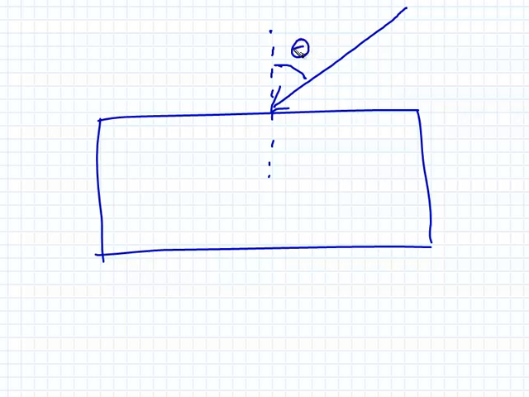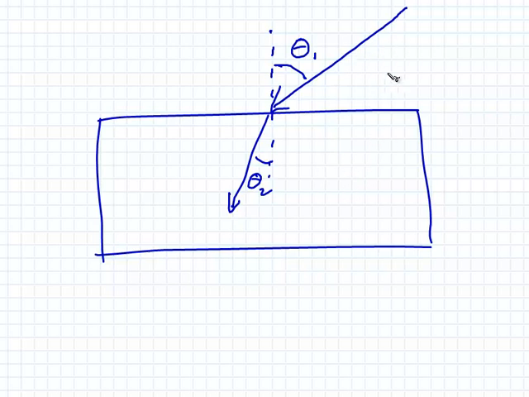And if this is theta, then it's going to bend in such a way that it comes in closer to the normal inside this denser material. Okay, so call this theta 1 and this theta 2. All right, so theta 2 is going to be smaller than theta 1 if this is denser material than this.